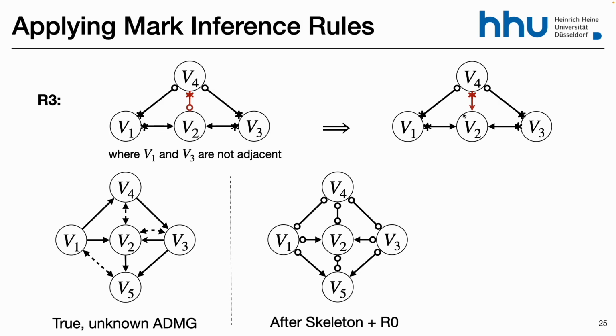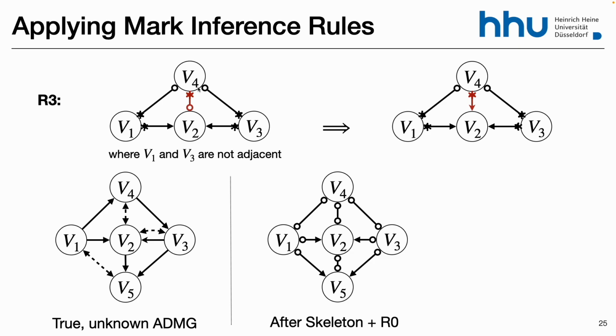You need to go back to the fact that at V4 there is a circle. When you apply rule 0, you converted all the unshielded triplets to colliders or non-colliders. So the fact that it's not a collider there means that V4 was part of the separating set between V1 and V3, right? Yes. So this is known, otherwise it would be a collider.